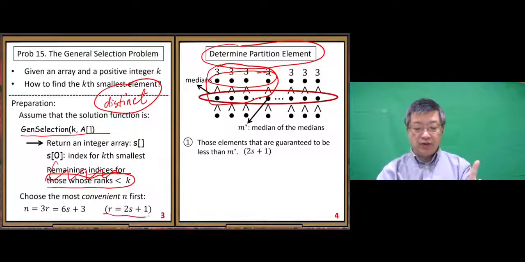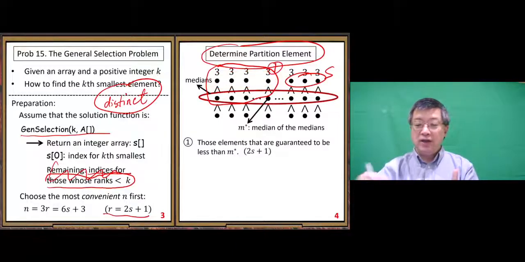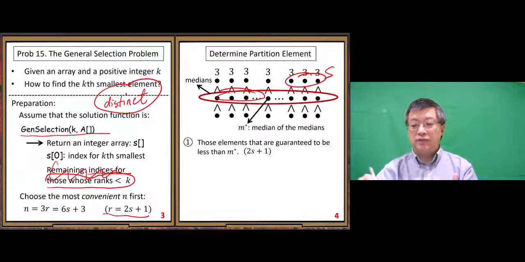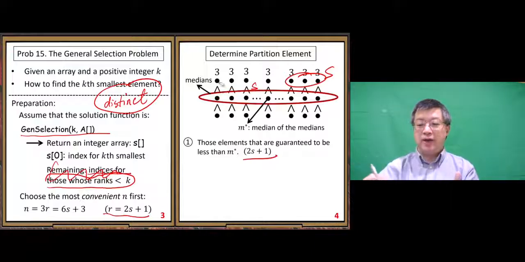Remember, r equals 2s plus 1. S here, and a 1 in the middle. So s plus 1. All right. The top row s plus 1. The bottom only s. So 2s plus 1.